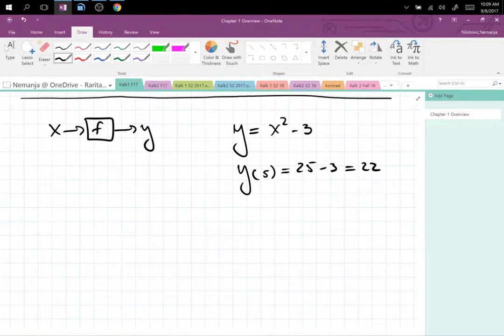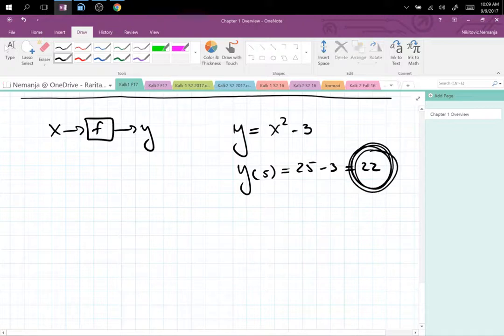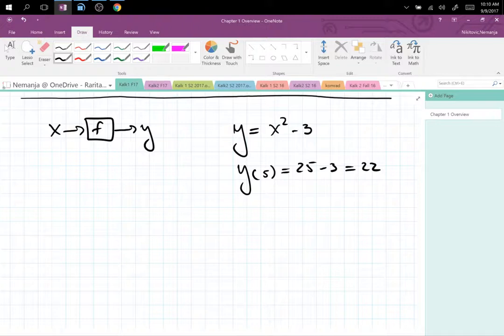When you have multiple functions, because at the end they are numbers, they can be added, subtracted, multiplied, divided, squared, square rooted. You can do anything, and then you can plug one function into another function, and you can go on like that.